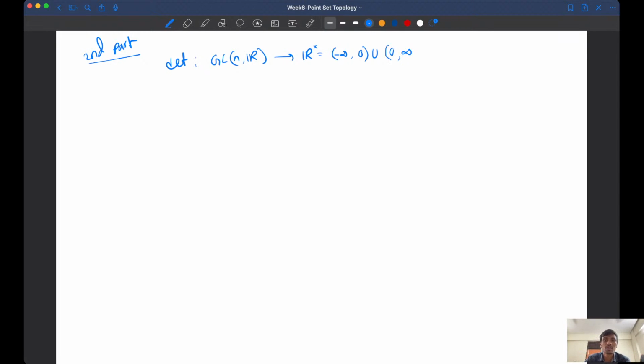So this is clearly a disconnection of R cross: (-infinity, 0) is open and (0, infinity) is also open.